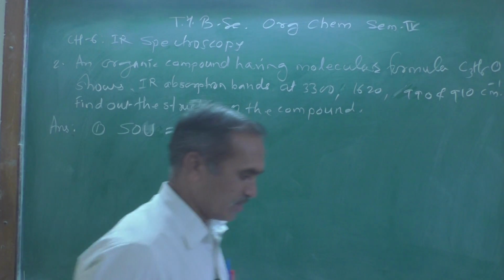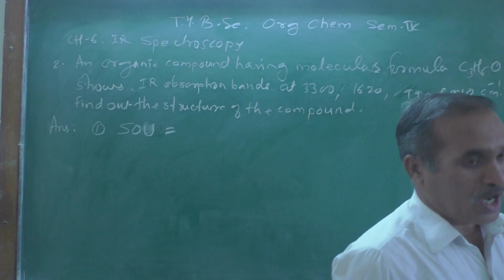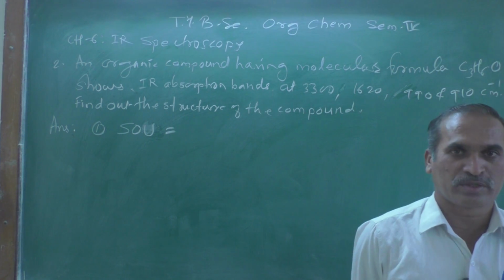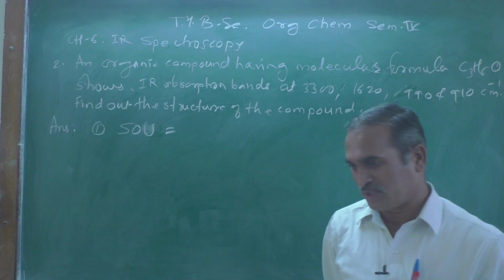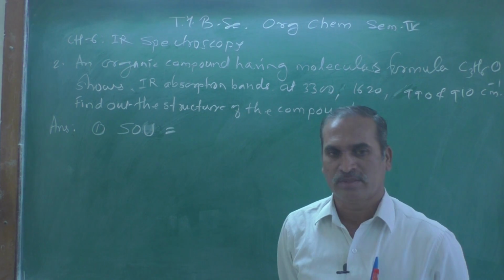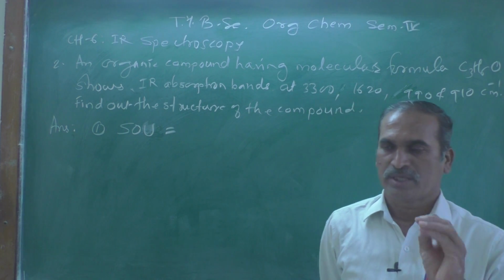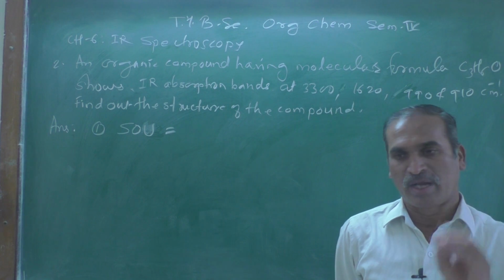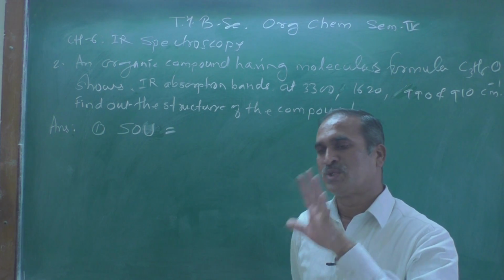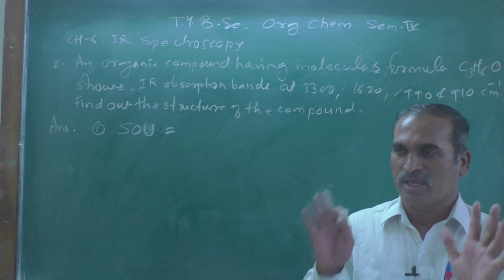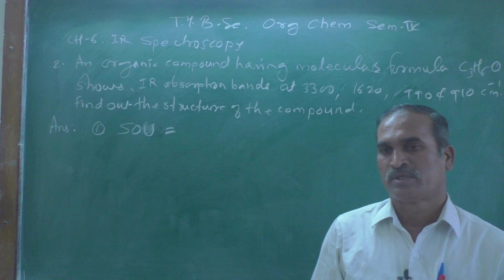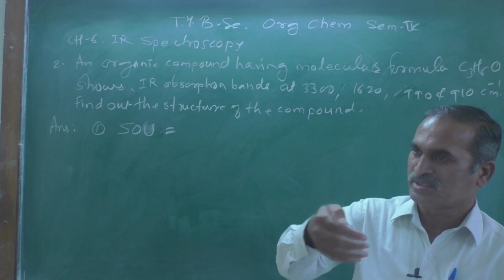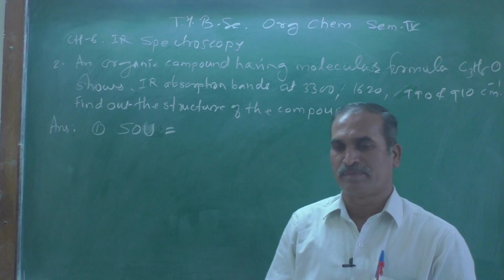You have to calculate the site of unsaturation, and if they provide us the molecular formula, we can easily find out the number of sites of unsaturation present in an organic compound.